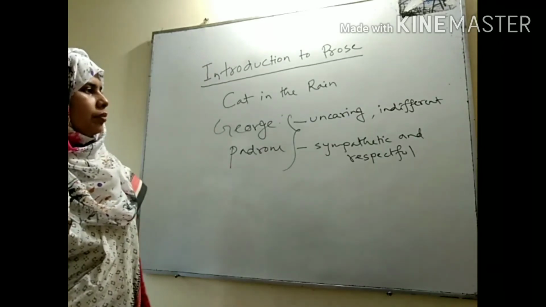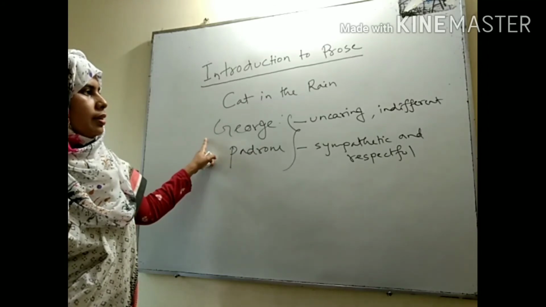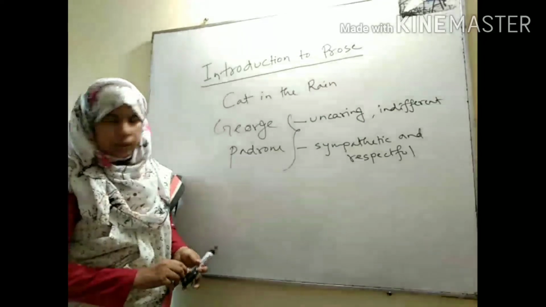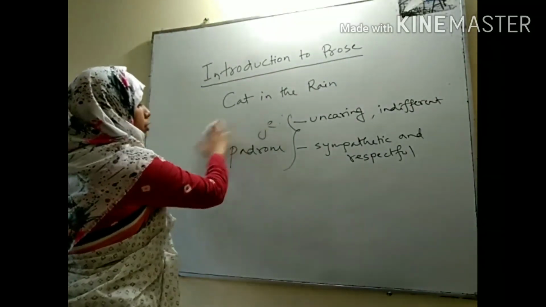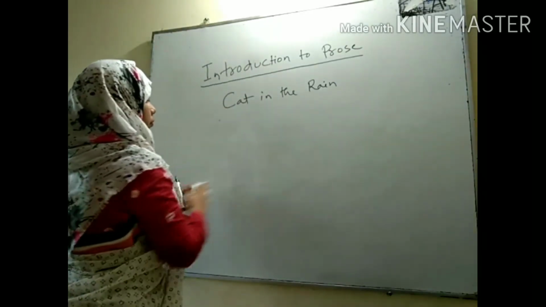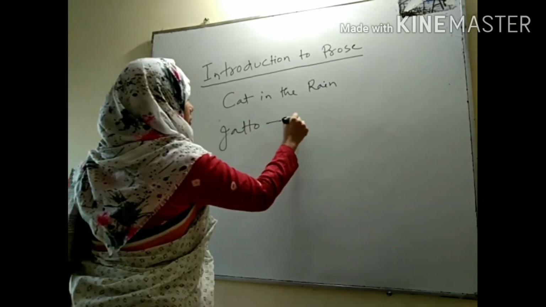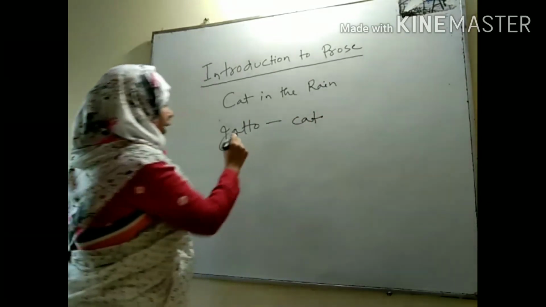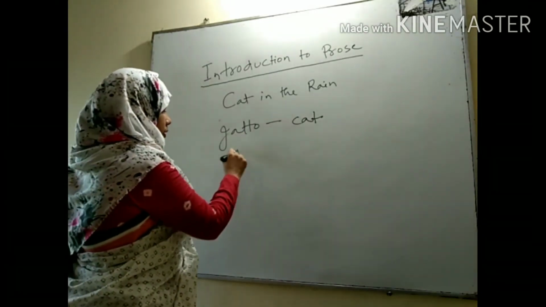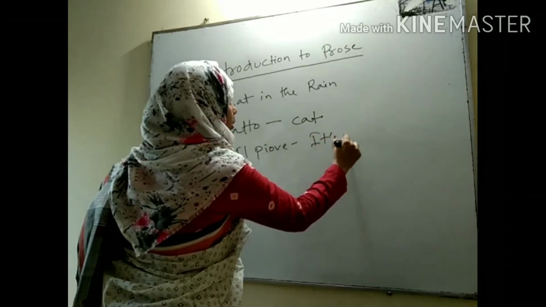Okay, in this story, you will also be able to know some Italian language. I am writing the important ones for you. Gatto. Gatto is the Italian word for cat. Il piove means it's raining.